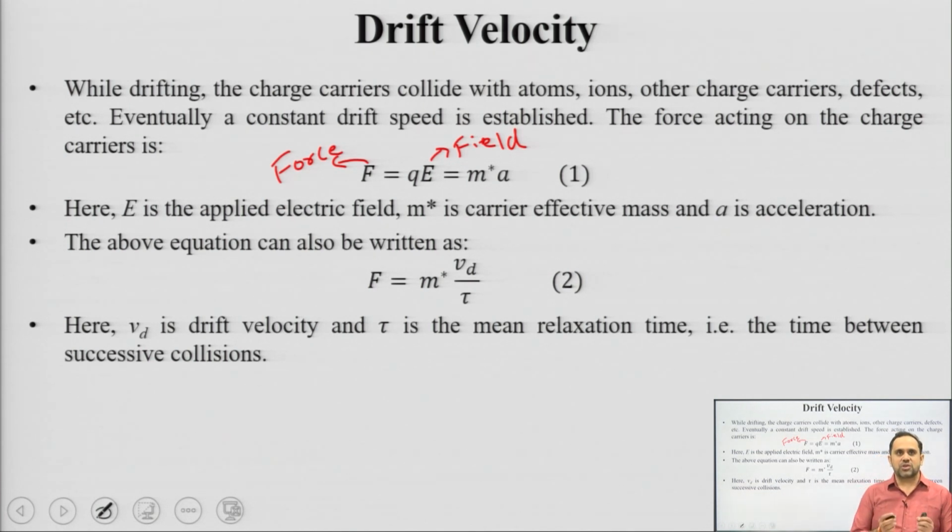Because of these constant collisions, there is some loss of acceleration also, but the applied force is constant. So, if the applied force is constant, because I am not applying a variable DC supply, I have applied a constant voltage, and my acceleration is not constant or has a certain average value because of all these collisions, to account for that loss in acceleration due to collisions, I introduce the concept of effective mass.